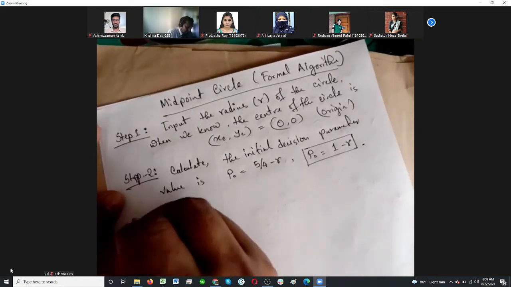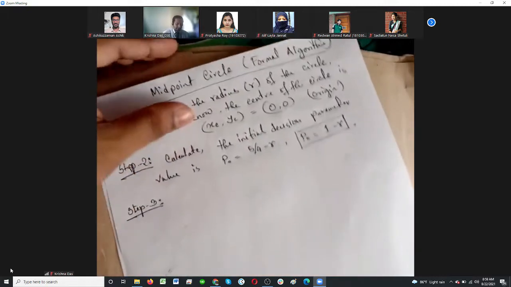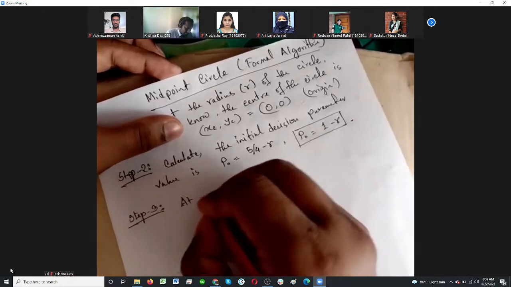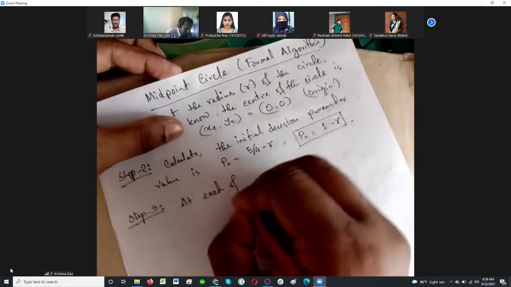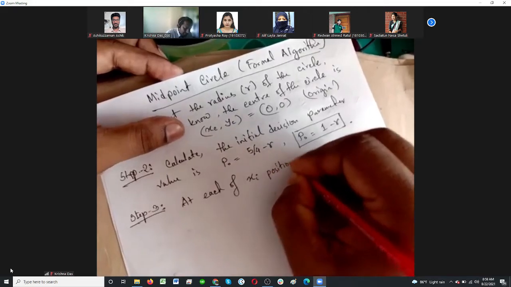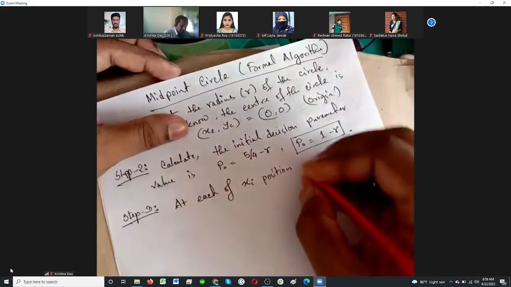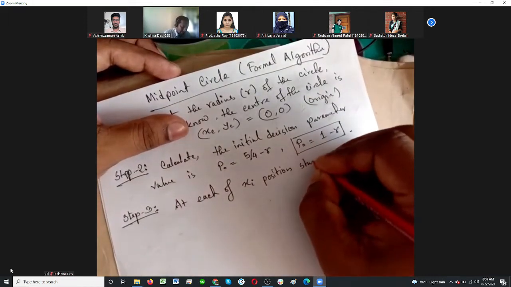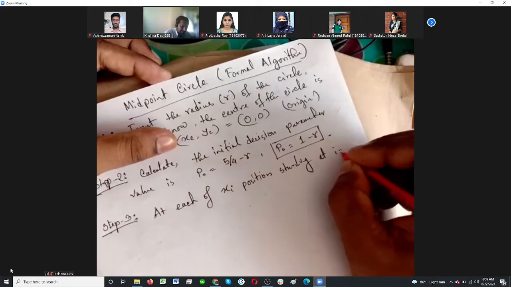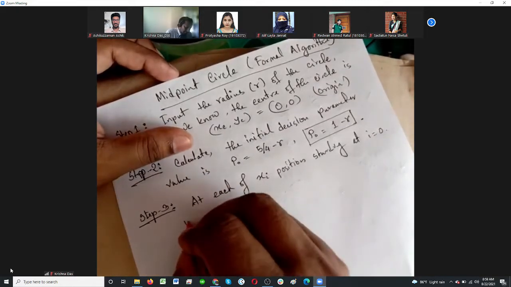So in step 3, at each xi position, starting at i equal to 0, we will perform the following test.